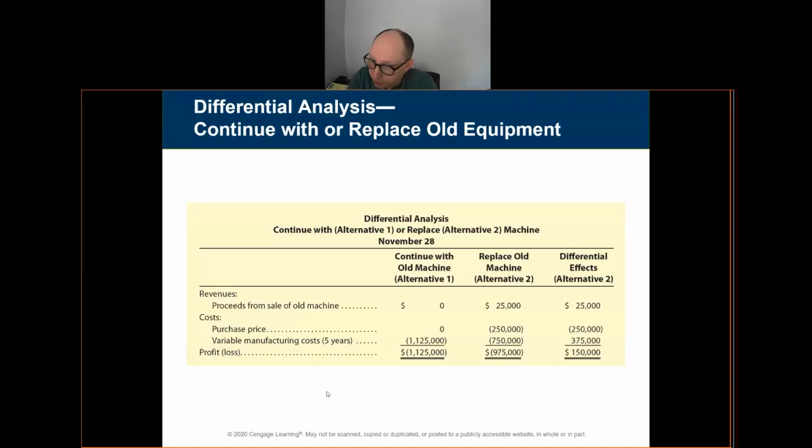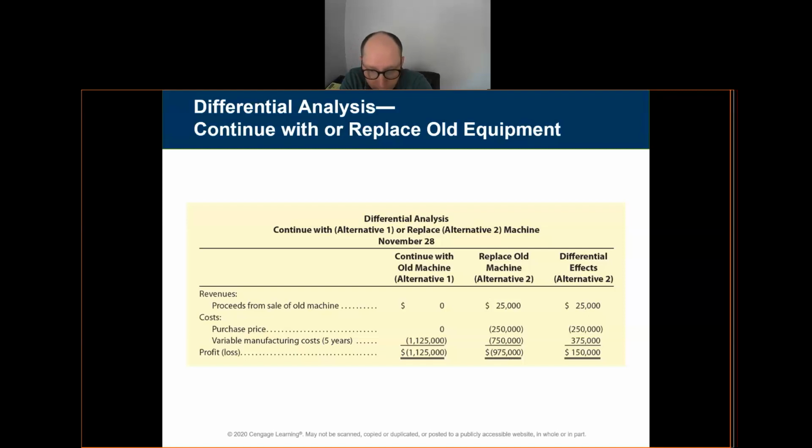Let's do the differential analysis. So here we go. Current machine, proceeds from the sale. Well, if I keep using it, my revenue would be 0 because I'm not going to sell it. My costs, purchase price will be 0 because I'm not buying a new machine.